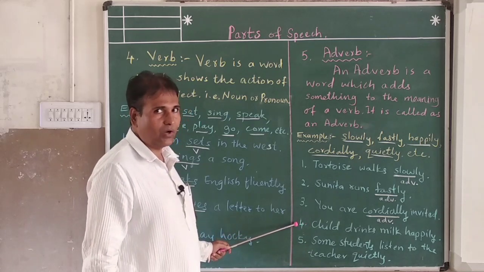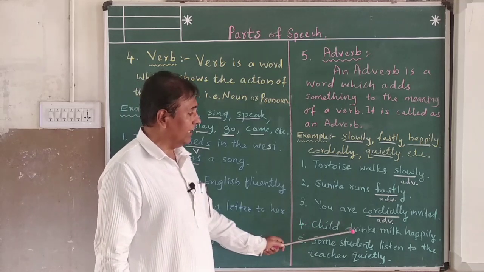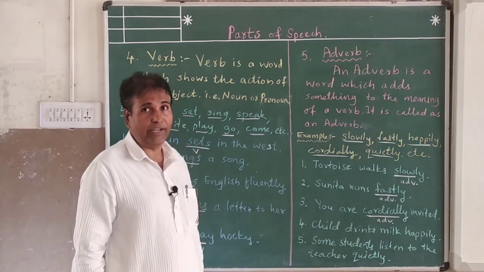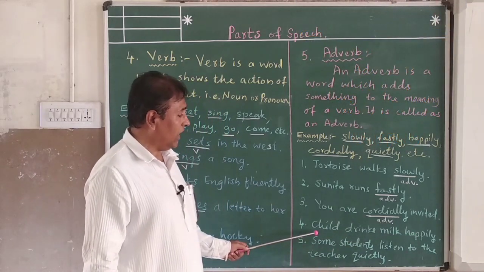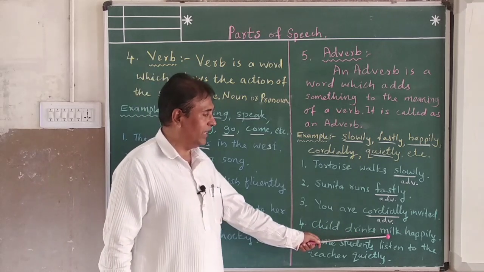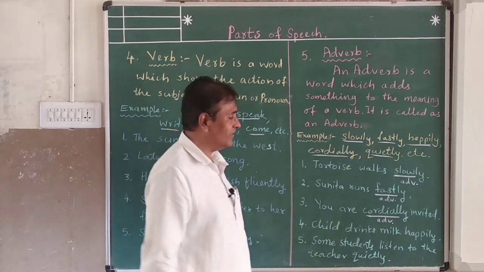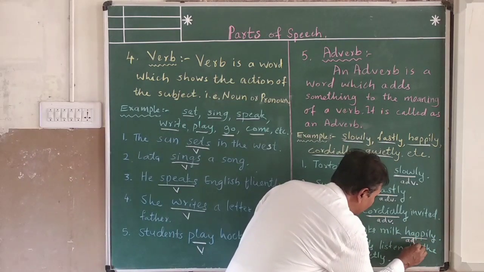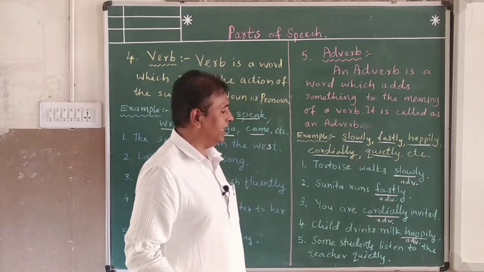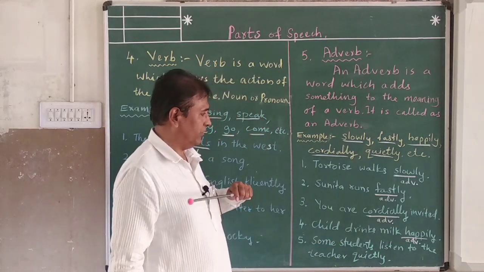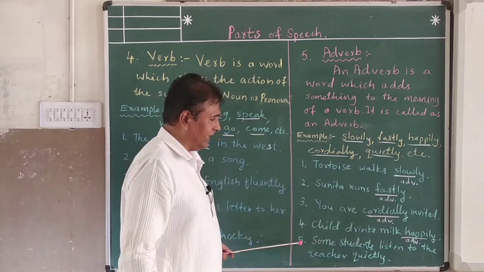Now come to the fourth one. Child drinks milk happily. Now we are talking about the child. How does he drink milk? How means happily. This word is called an adverb. ADV. We are talking about the adverb, not any other words.